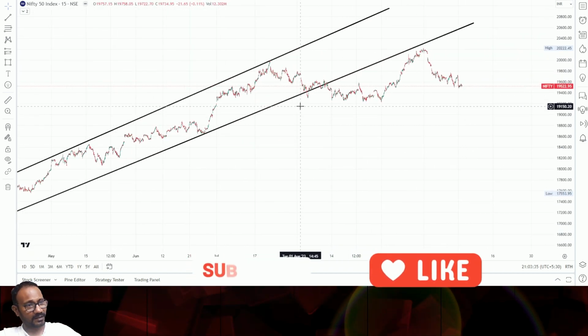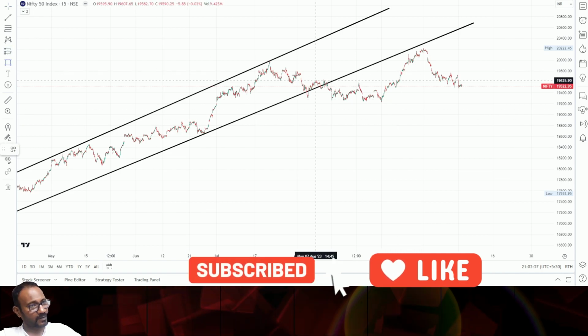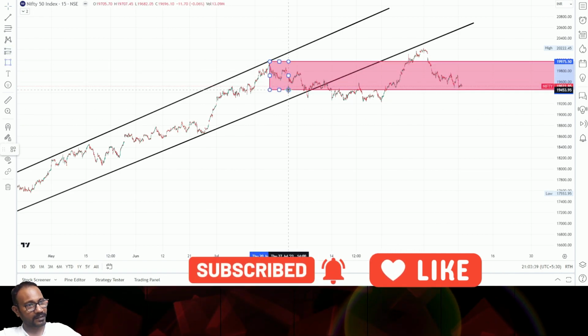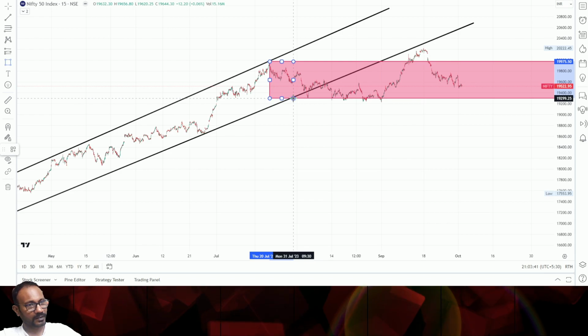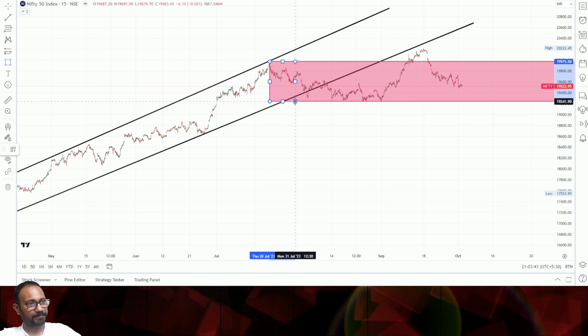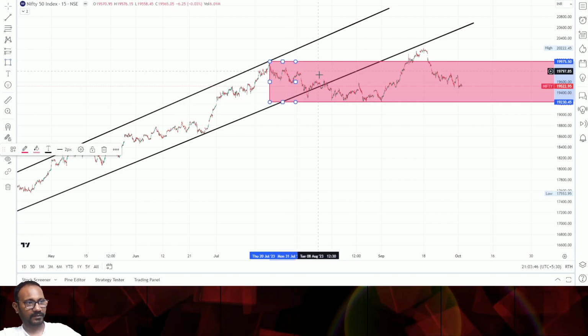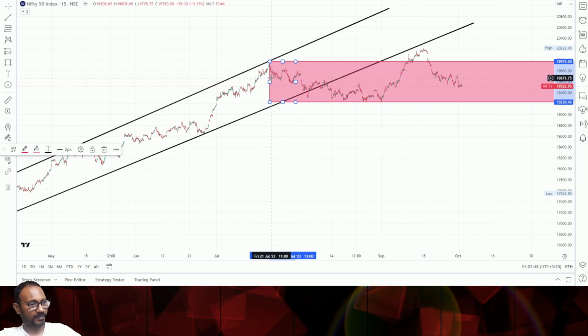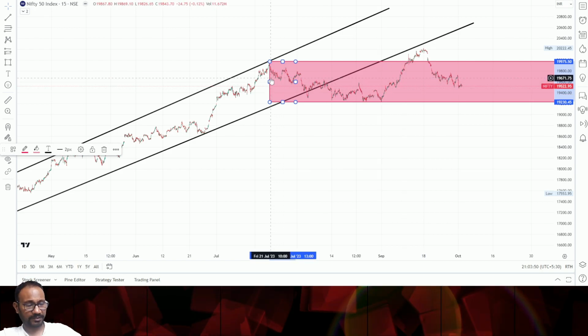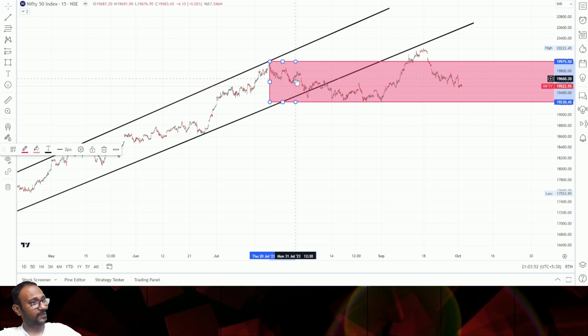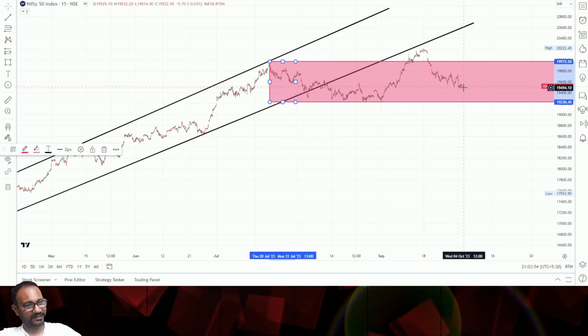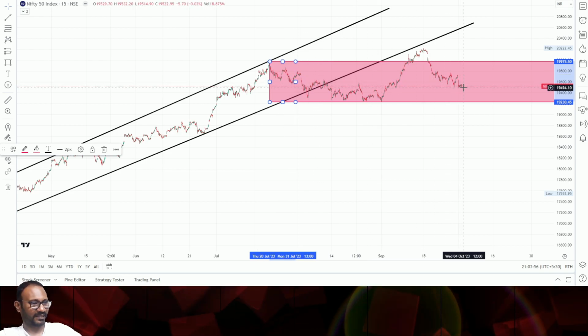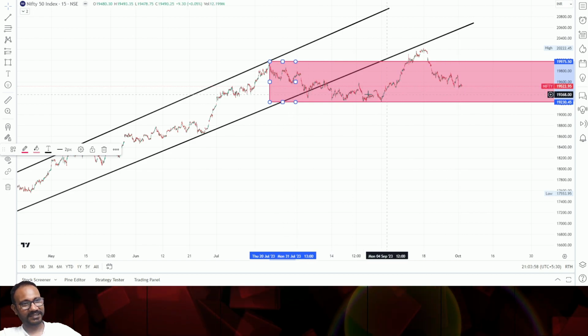Probably over here, if you see, it looks like the market is in a band, right? It looks like there is a lot of consolidation. The market entered here on 21st of July, and then you were trading for the last so many months within this band, right?